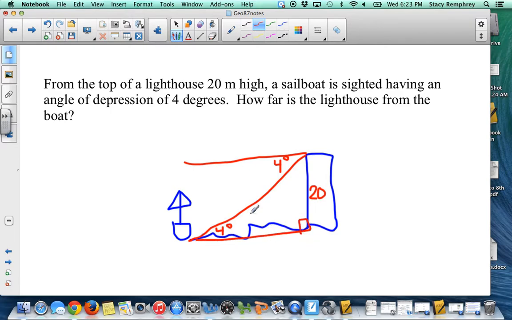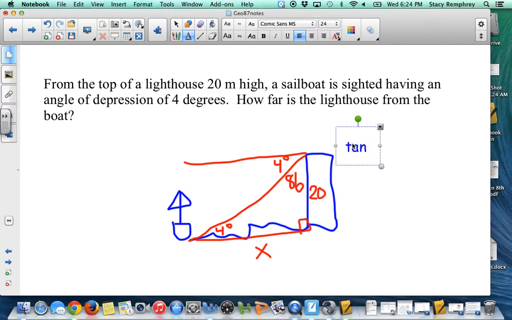This is my right angle. Again, I'm looking for how far the lighthouse is from the boat. I was given the opposite. I have to find the adjacent. Opposite adjacent is a tangent ratio. You can do the tangent of 4 equals 20 over x. You'll still get the same answer. I'm going to use this one because I kind of like having the x across from the angle. And the 86 is just from the sum of the angles of a triangle must be 180.